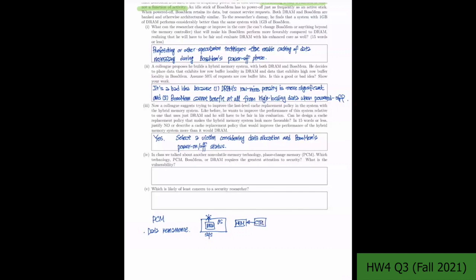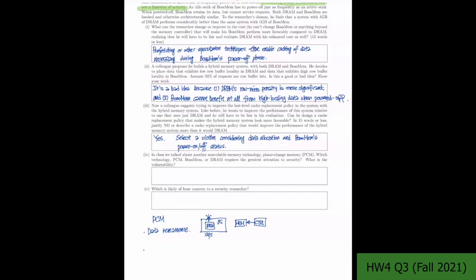Then, if the memory device still retains the data, the adversary can easily obtain the confidential or private data stored in the memory device. And we call this problem the data remanence problem.